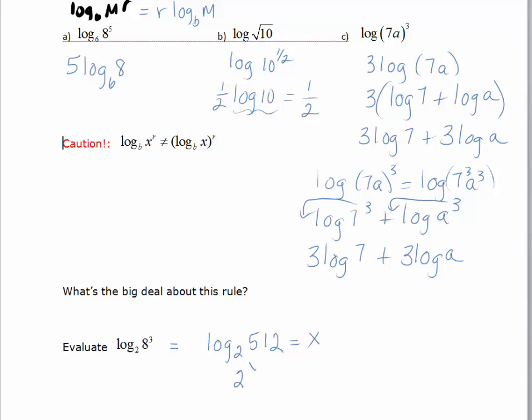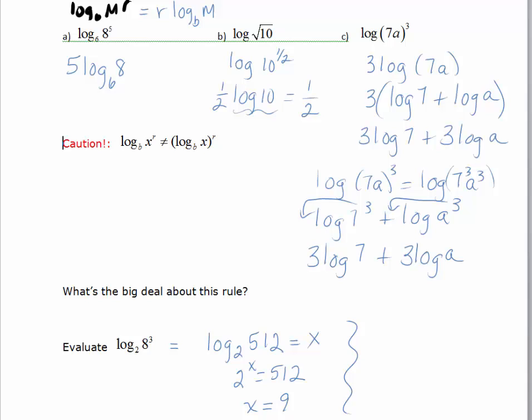And then I'd say 2 to the x is equal to 512. And then literally I could play around with trial and error. I mean, without a calculator, this would be a bear. I'd have to keep multiplying 2 a number of times until I got to 512. And the answer is 9, right?